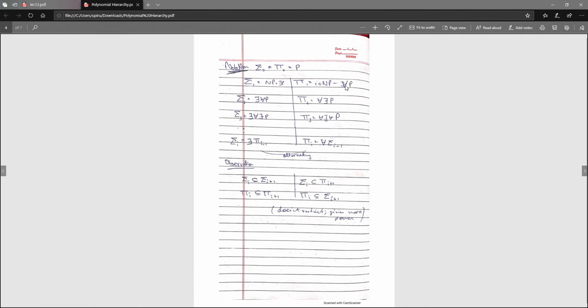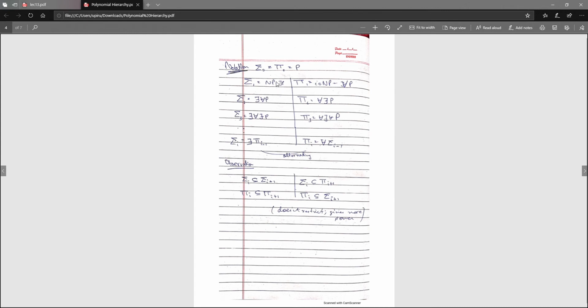We have to prove for all that it doesn't hold: an independent set of size K does not exist. For all independent sets of size K, it should reject. So pi 1 is for all P, and sigma 1 is there exists P.